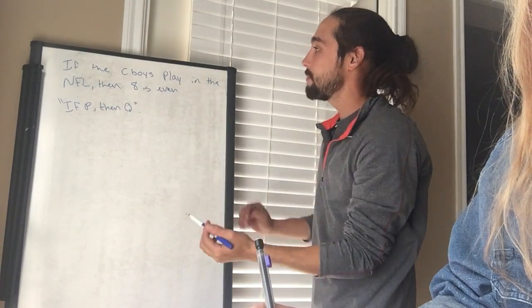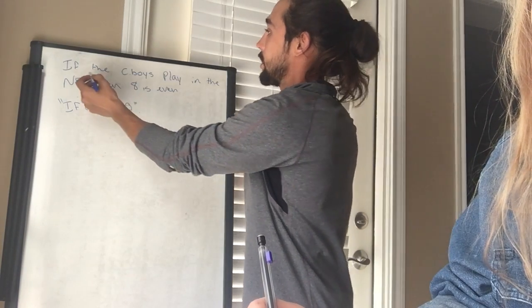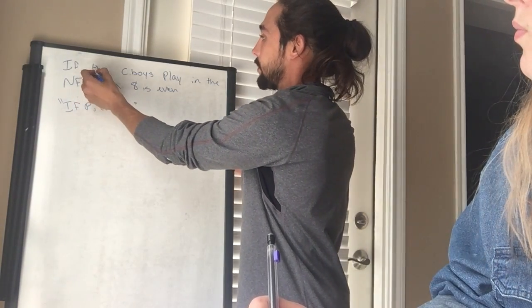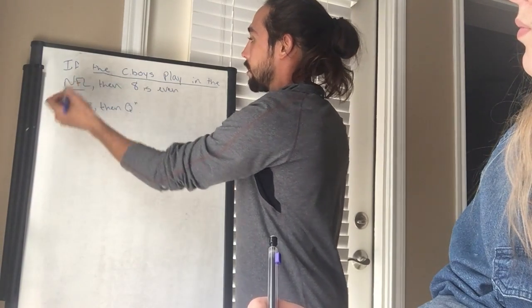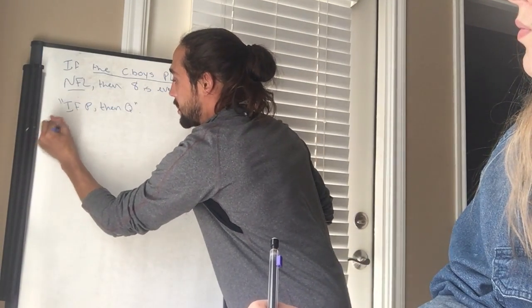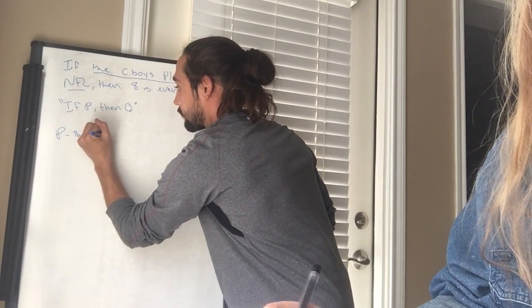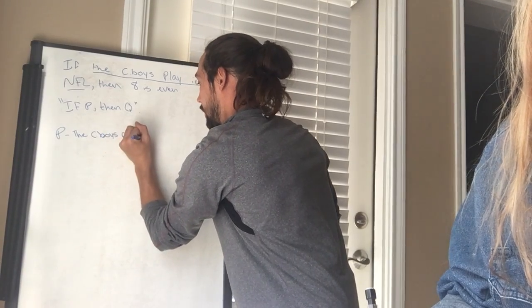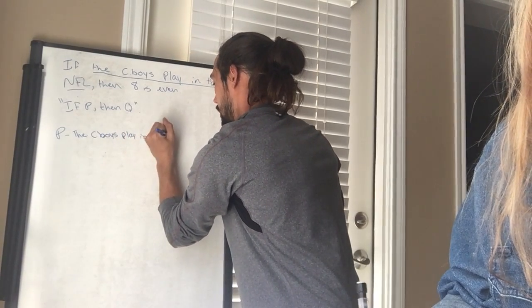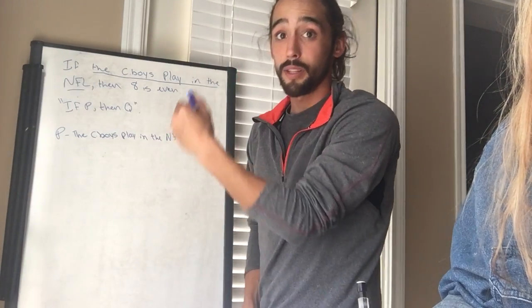So to find my P, or my hypothesis, I'm going to go in here, and there's that first if, and so the Cowboys play in the NFL, right? So our P is the Cowboys play in the NFL, which is a statement. This can be proven.